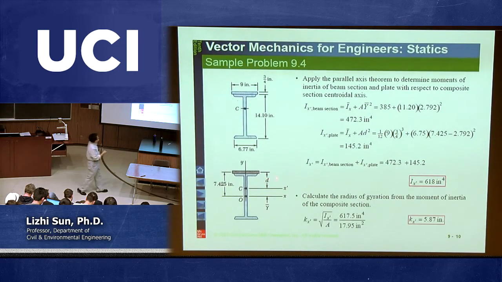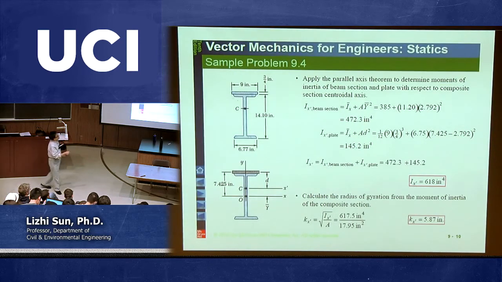So there are many ways you can identify D anyway. Maybe one way is from here to here, and then minus this part. So 7.425 is from here to here, and then minus y bar. So 7.425 minus 2.792, and that's D. And don't forget the square here.